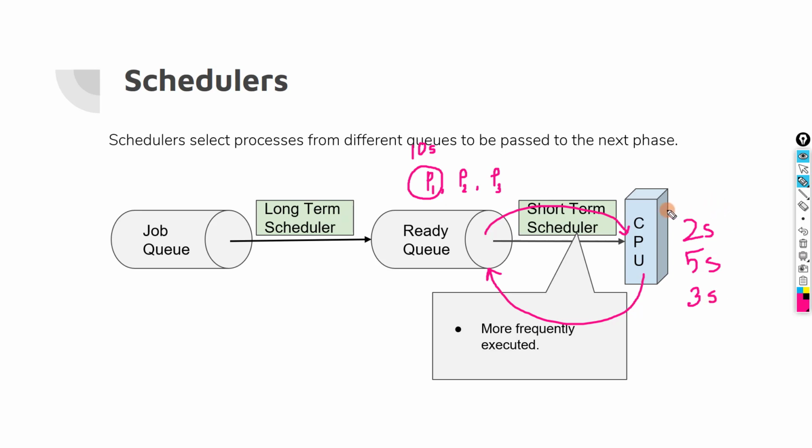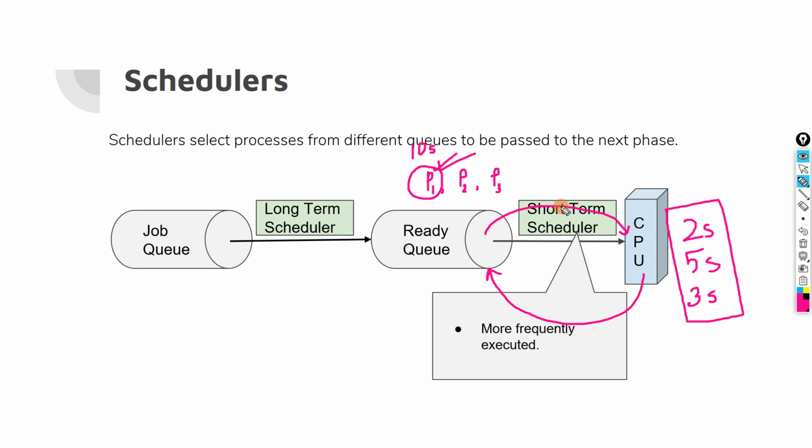So see, to finish its execution, P1 comes to the CPU 3 times and goes out of the CPU 3 times. So the process has moved between these two 3 times. After swapping 3 times, P1 is finished or terminated, right?